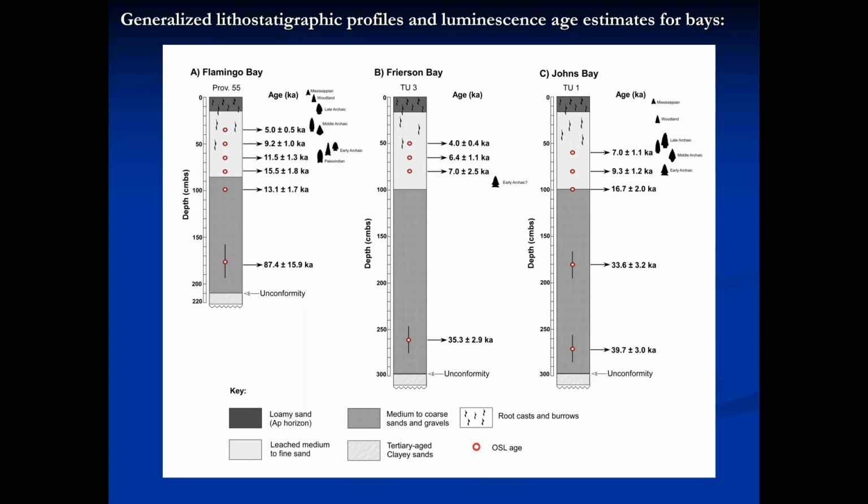If you can't, you can use OSL. We got dates of 87,000, 35,000, 39,000, 34,000, 40,000 years for these particular bays for the initial formation of those sand rims. And then these are the artifacts, including Paleo-Indian, Clovis, all the way up through the Woodland and Mississippian period.